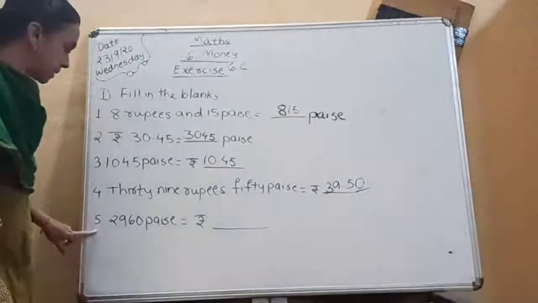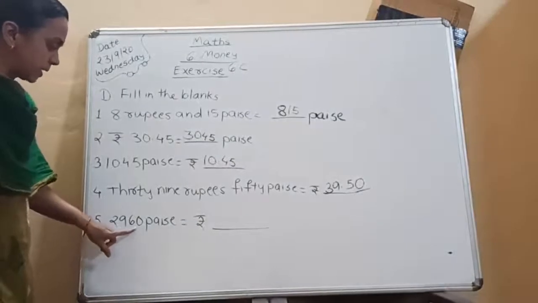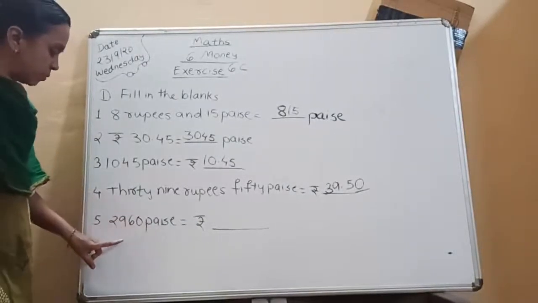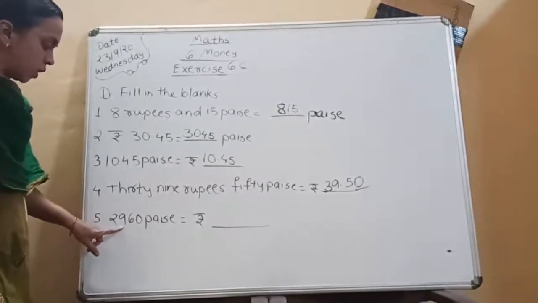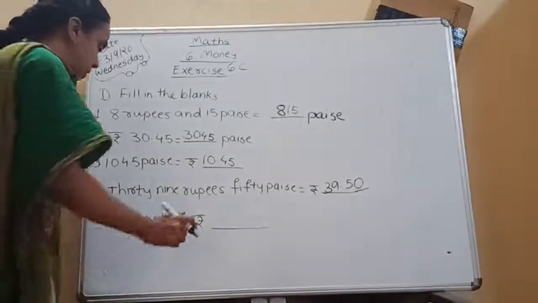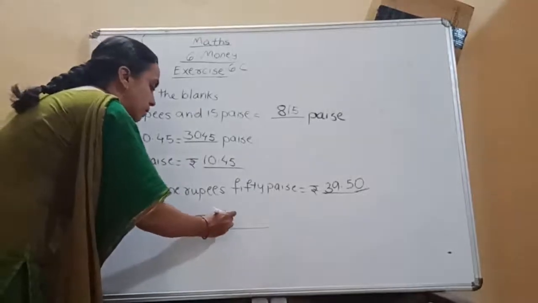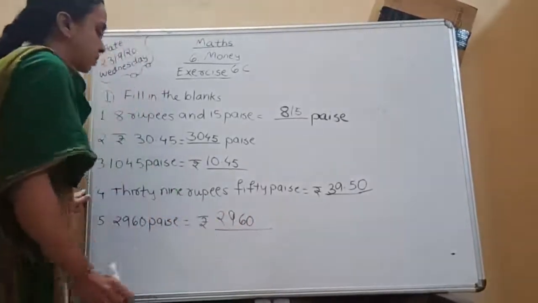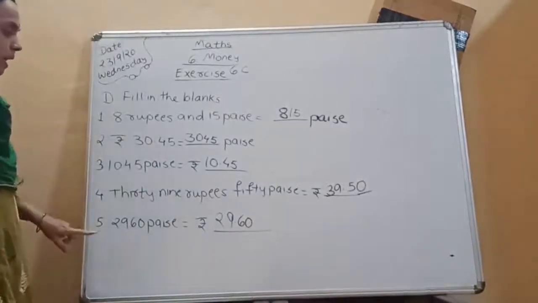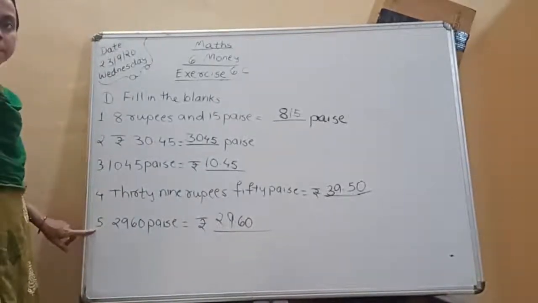Then see fifth example. 2960 paise means how much? 1, 2, 3, 4. We have to give that dot after these two digits. So rupees 29.60. So in this way we have to write down all the answers.